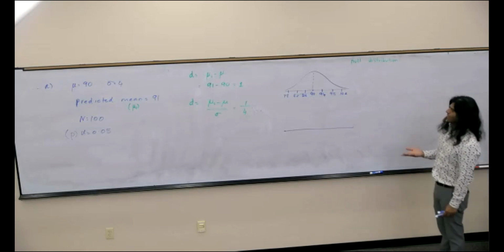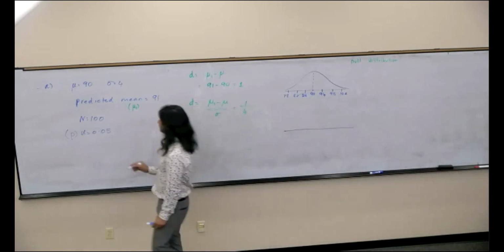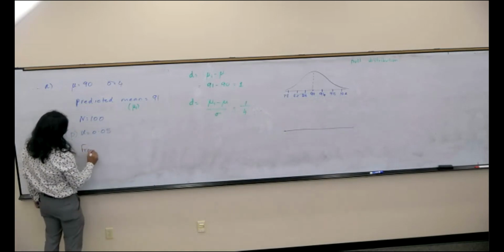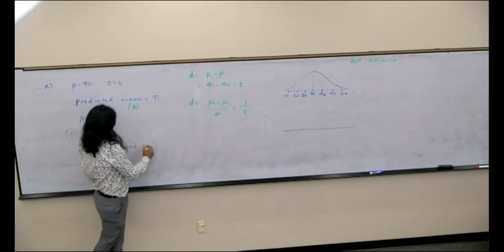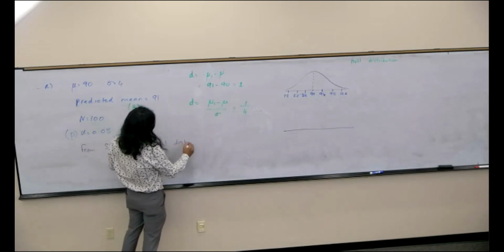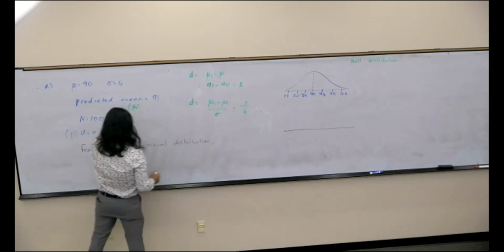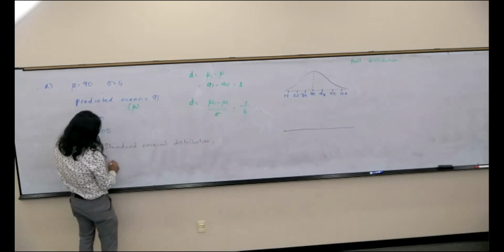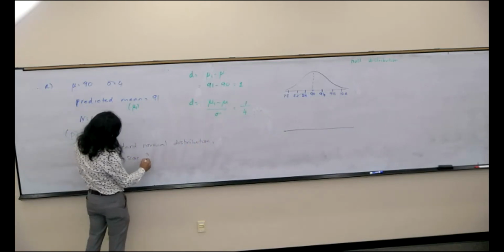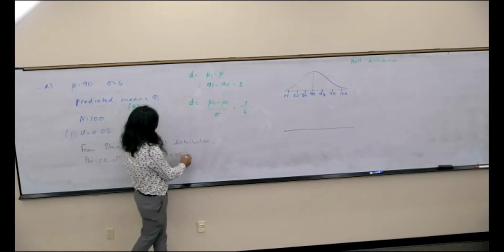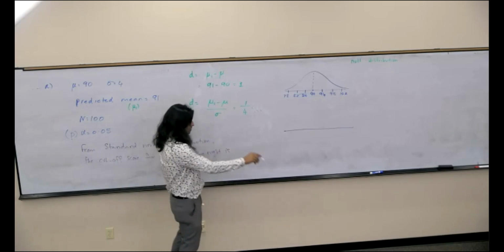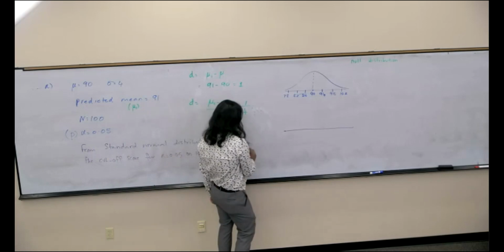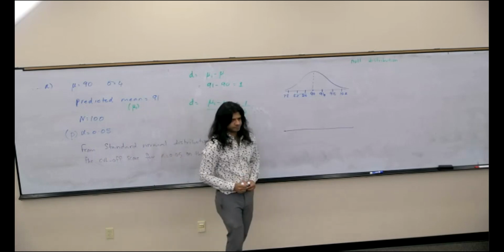I know from experience that for a value of alpha, the cutoff score on the right hand side is 1.645.